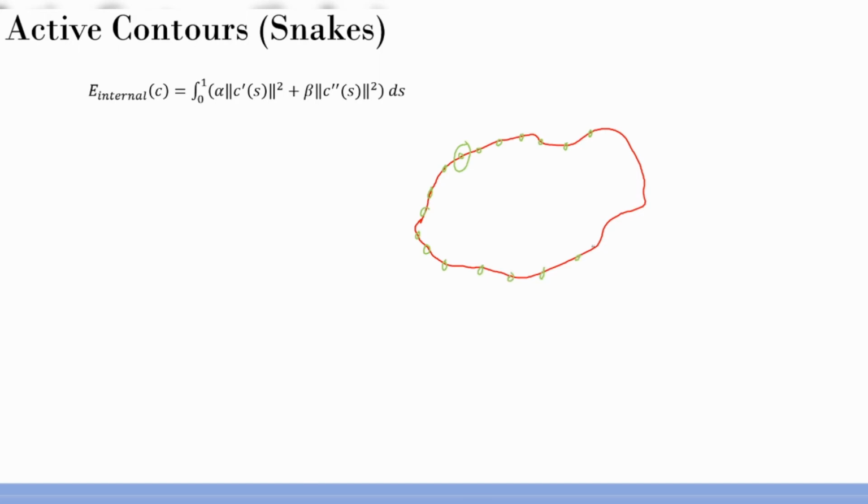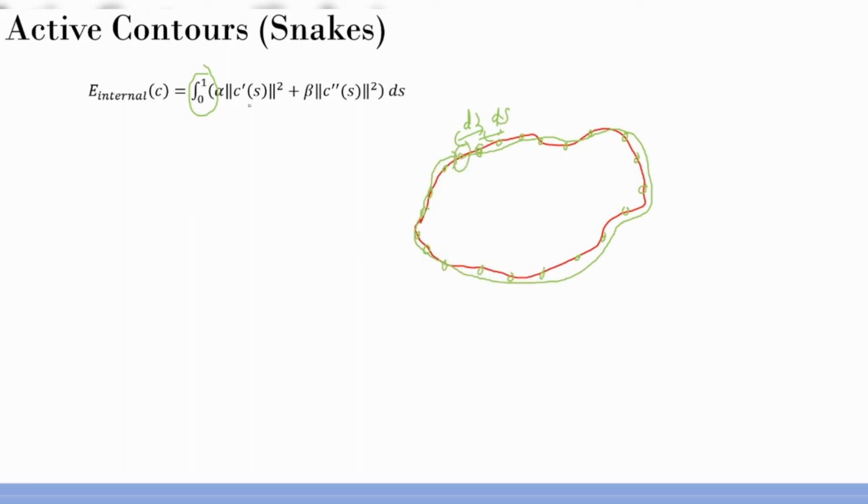Let me just draw it for you. Sorry for the time. Okay, so when I say this integral from 0 to 1, you are traversing the curve, that's all. So you just go and come to here. You start with the first one, and this separation is the ds for you.